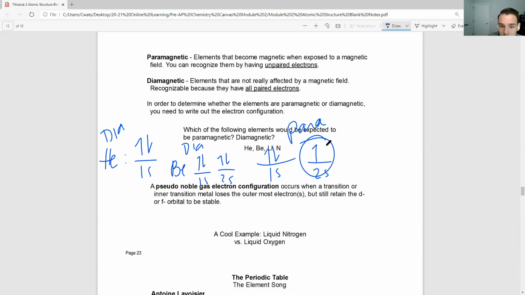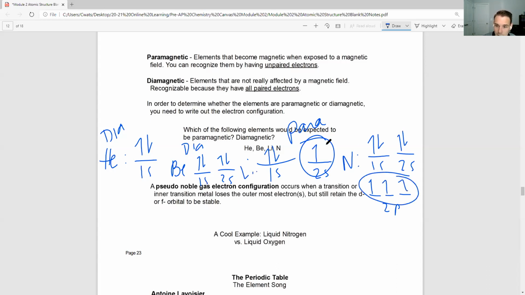That makes it paramagnetic. That's lithium. And then nitrogen, 1s2, 2s2, 2p3. Those all three are unpaired. That's paramagnetic as well. Okay, that is it for electron configuration.